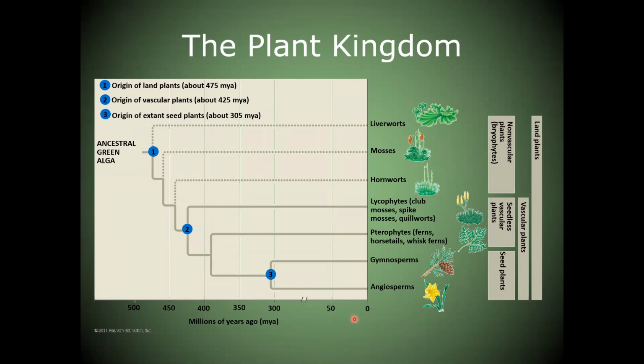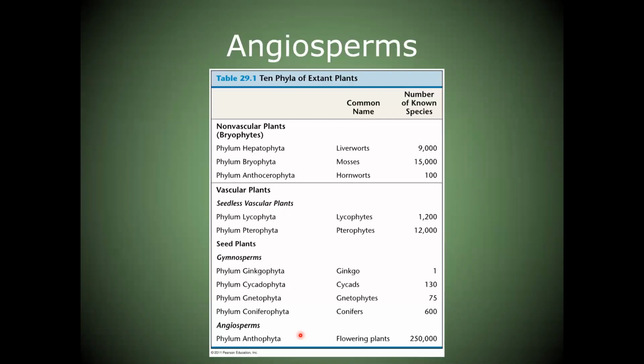Their evolution sort of happened concurrently with the evolution of gymnosperms. And that is the only phylum that we have for angiosperms. The species richness is huge.